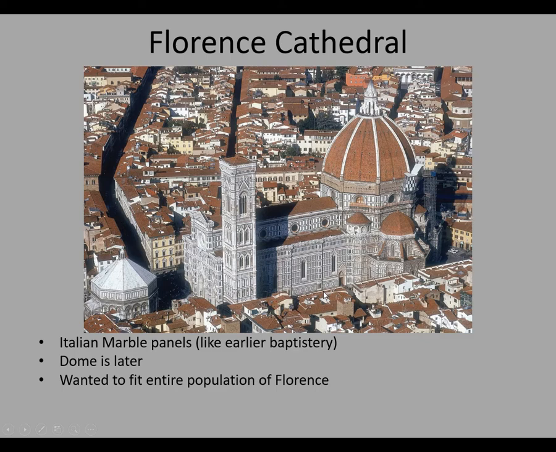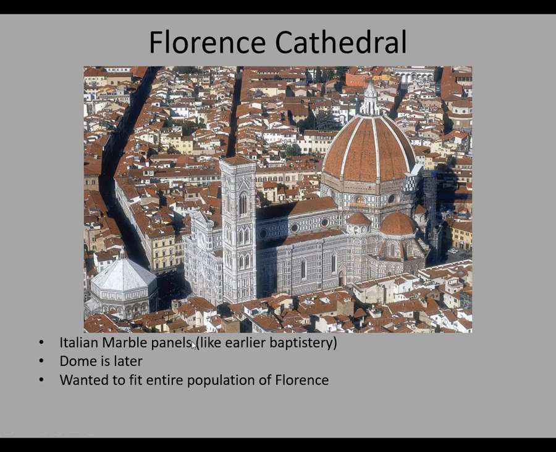Italy in general, there'll be a few buildings in the Baroque, but Italy in general doesn't excel at architecture. That is a place for France to do a lot of things, but they do excel at painting and sculpture.